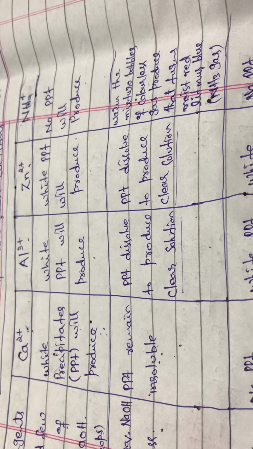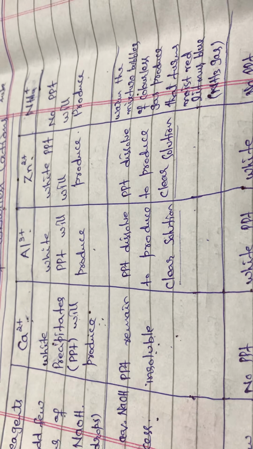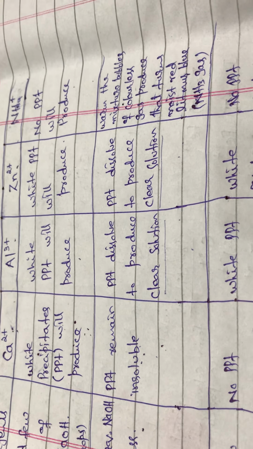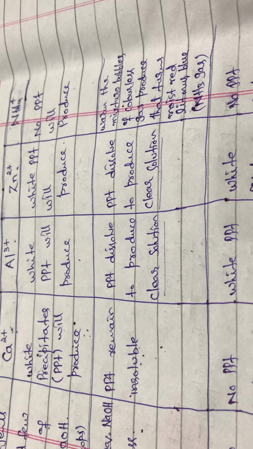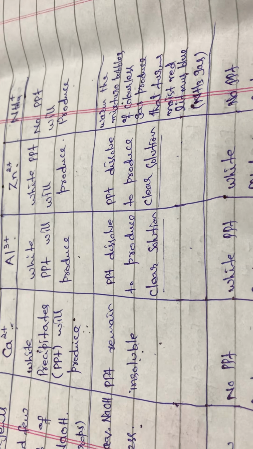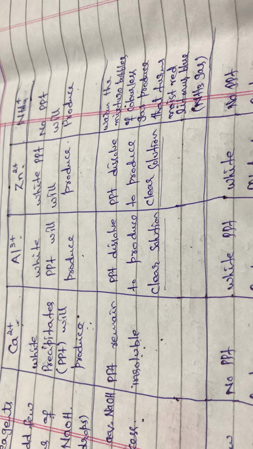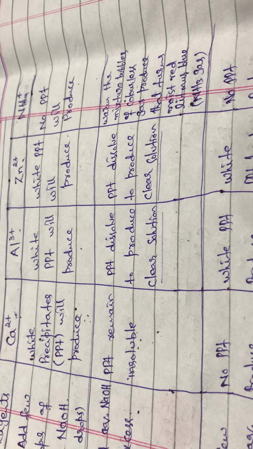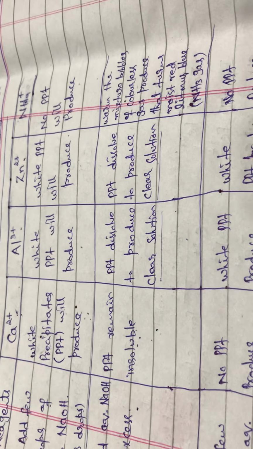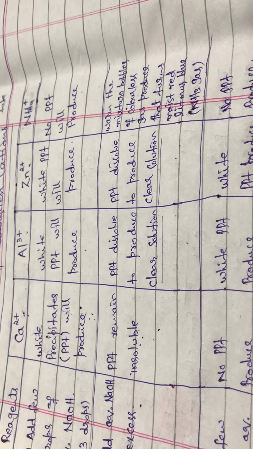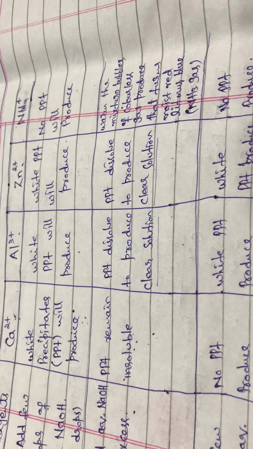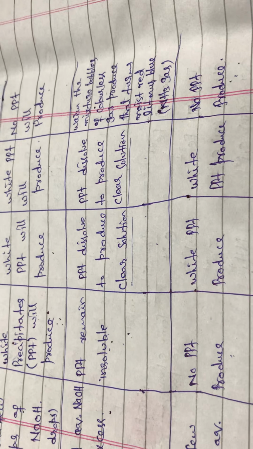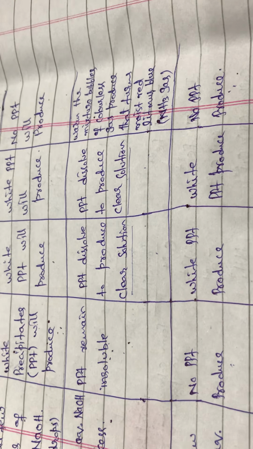In our next lesson, we will learn about the identification of colored cations, how we will go for the colored cations, and you will have to learn from your book, from the chapter Salts, in which identification of cations and anions are given, what could be the possible test for the colored cations. So this is all about the colorless cations.